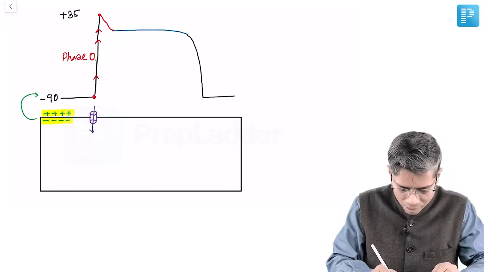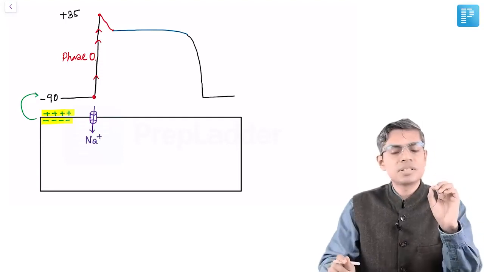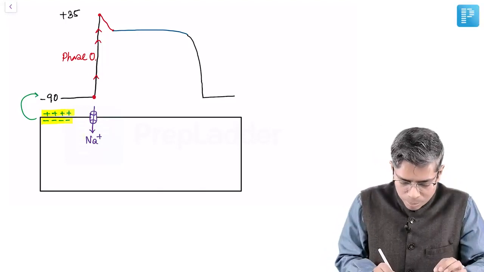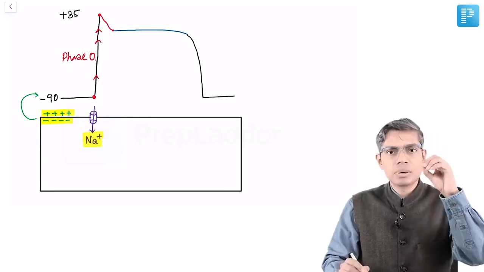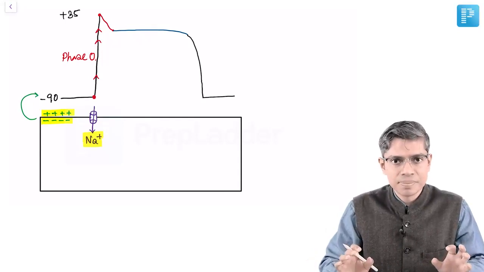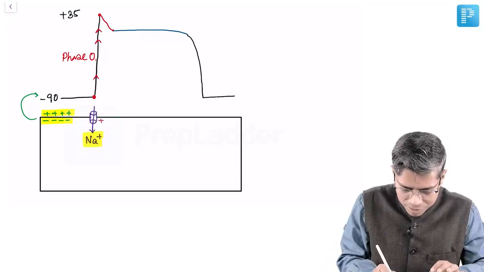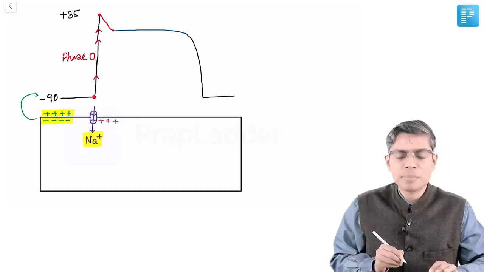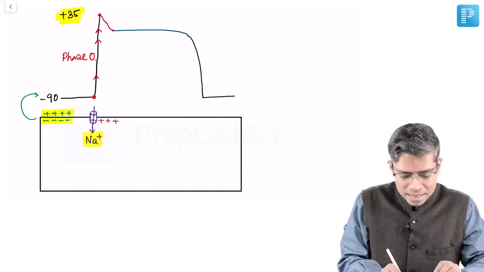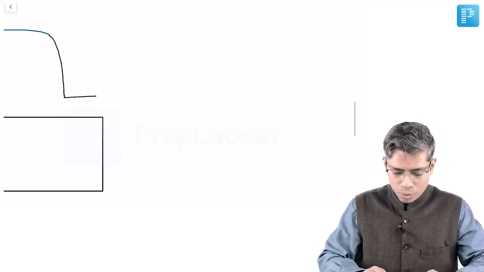So there will be opening of a voltage gated sodium channel whenever the myocardium is stimulated. And due to opening of this voltage gated sodium channel, huge number of sodium will enter into the myocardium cell rapidly because the channel is very fast in nature. And whenever huge amount of sodium is entering in the myocardium, the interior of the cell membrane voltage will rapidly rise up to plus 35 millivolt, and that is giving rise to phase number 0 of myocardium action potential. So all of you know this thing.